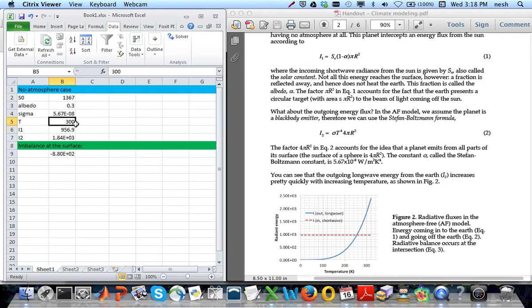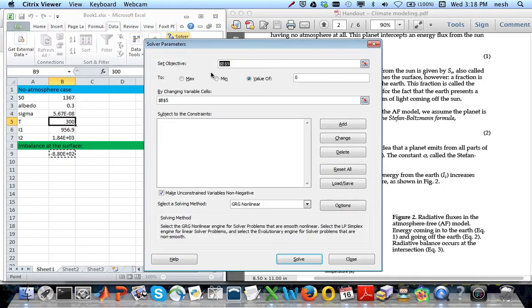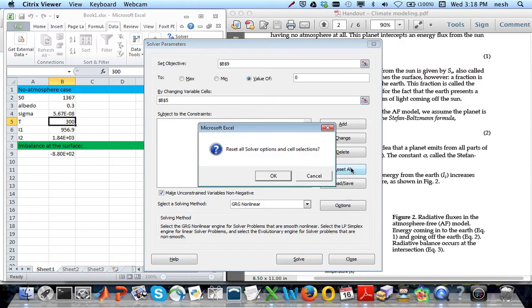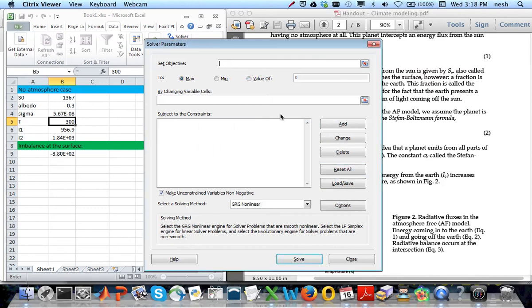Okay, now you could experiment and you could type in lots of different numbers here, but the last bit of this is to get Excel to solve that problem for you, which is to say, what is the best temperature to produce the smallest imbalance at the surface, close to zero. So the way you do that is you go to Solver, and Solver is going to ask for some fields, and one of them is the objective. What's our objective?